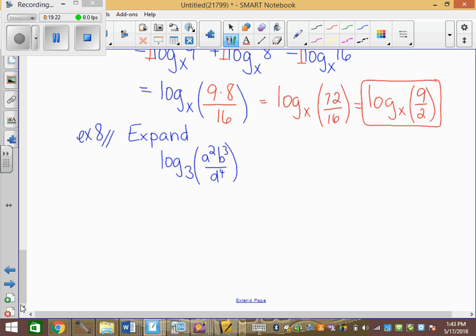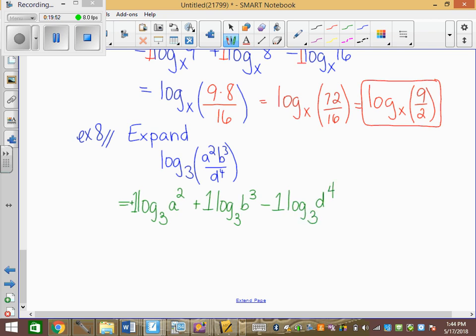Whatever's in the top gets a plus 1 in front. Whatever's in the bottom gets a negative 1 in front. So I'm going to get log base 3 a squared, and it's going to have a plus 1 in front of the log, because it's in the numerator. Plus 1 log base 3 of b cubed minus 1 log base 3 of d to the 4.